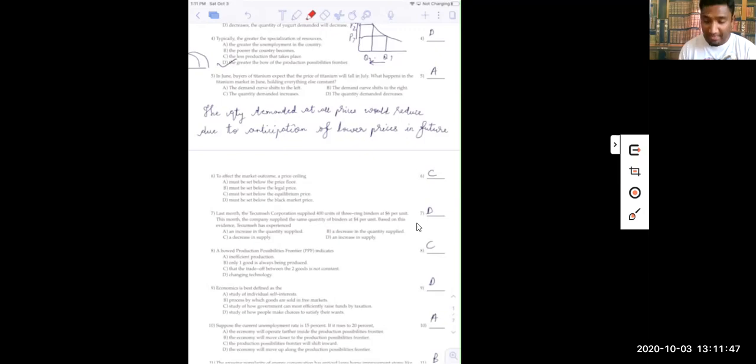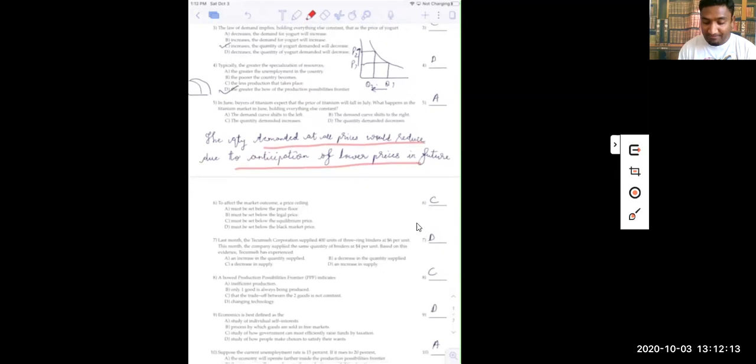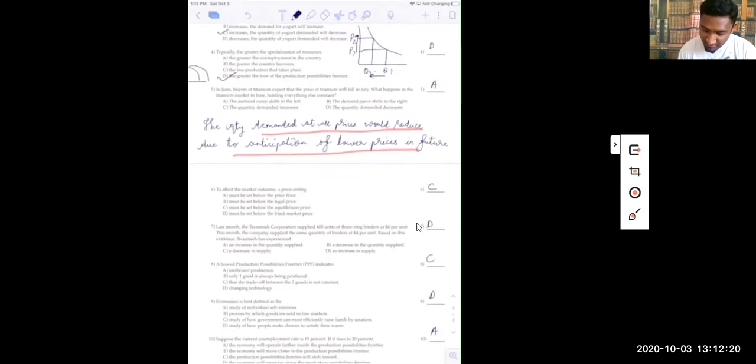So the buyers of titanium would wait, they would reduce their demand in anticipation of a further decrease in price, because if they wait, they'll be able to buy titanium cheaper in the future. So in the present, they will wait. The quantity demanded at all prices would reduce due to anticipation of lower prices in the future. So at each price, the quantity demanded will be less.